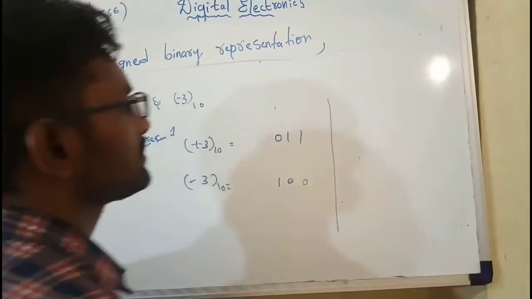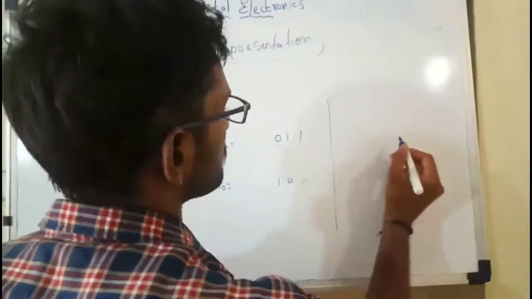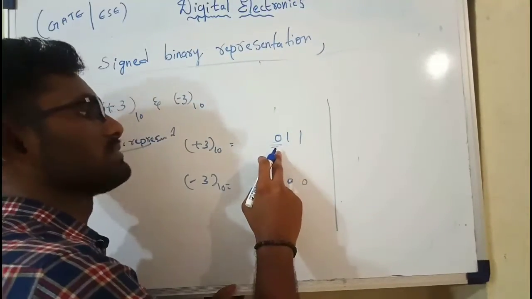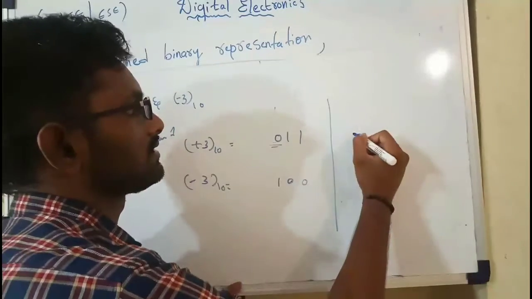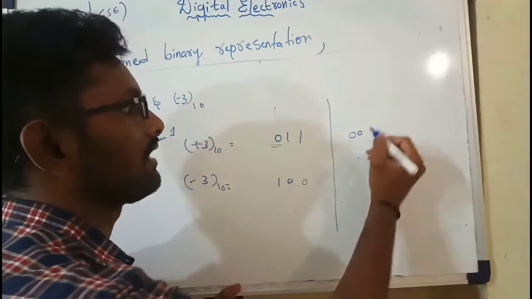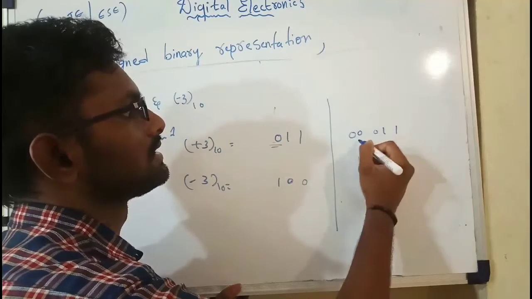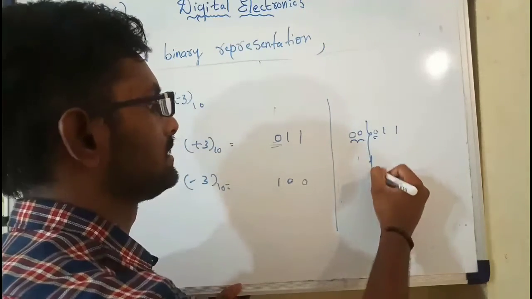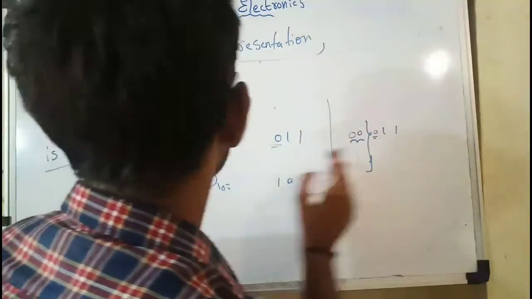For plus 3, if you want to extend the number of bits, the MSB is the sign bit. I want a 5-bit representation, so I add 2 bits. These are the extended bits, this is the sign bit. This value is the same for a positive number.